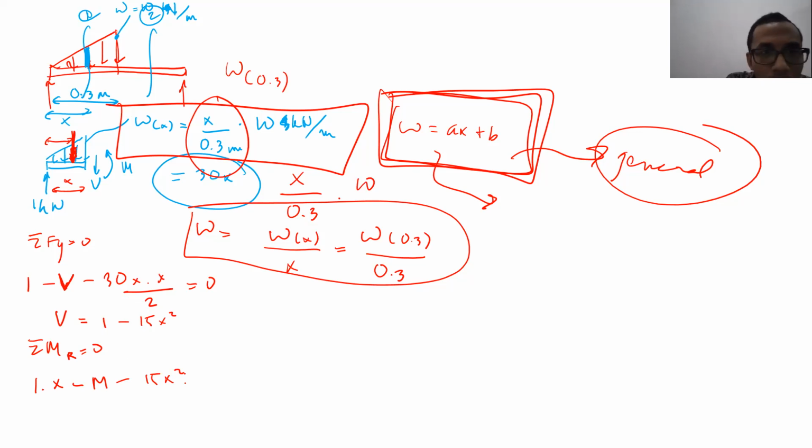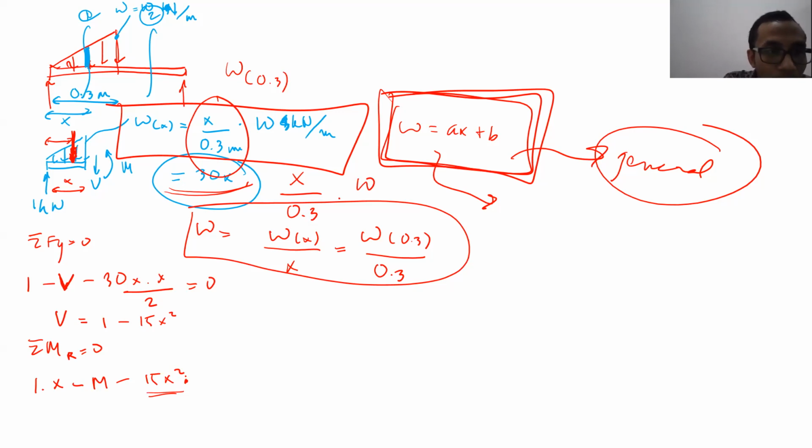This one, our distribution of the W value is 30x, because the unit is slightly different. This one is 15x squared, but the unit is in kilonewton. So it's just the force only, so you have to multiply it by the length.